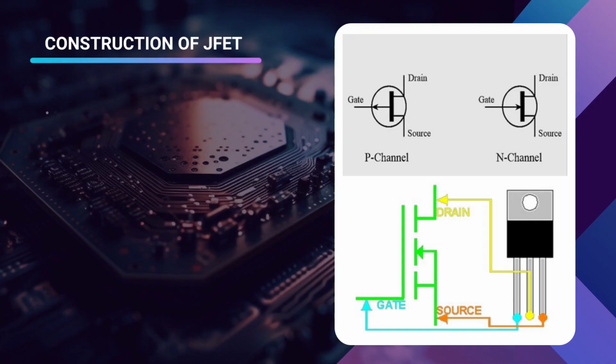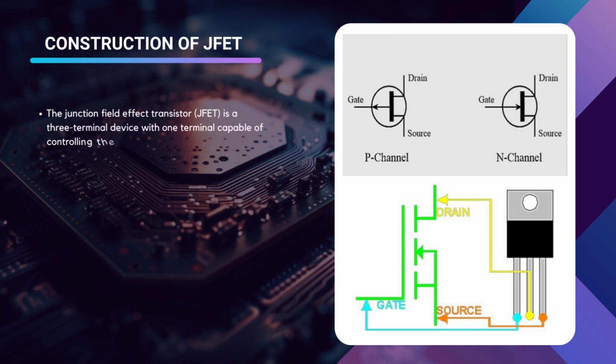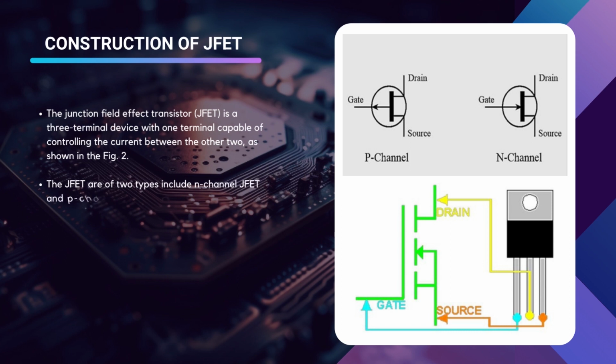So let us discuss the construction of a junction field effect transistor. The JFET is a 3-terminal device with one terminal capable of controlling the current between the other two, as shown in figure 2. The JFET is of two types, the N channel and the P channel junction field effect transistor. So the first diagram is for a P channel JFET and the second one is for an N channel JFET.